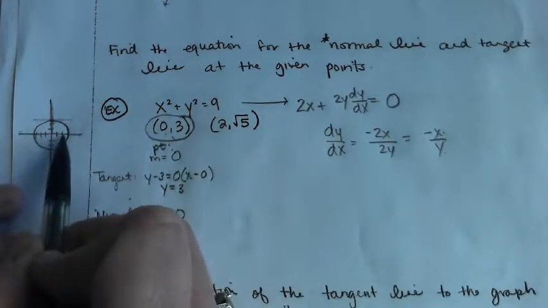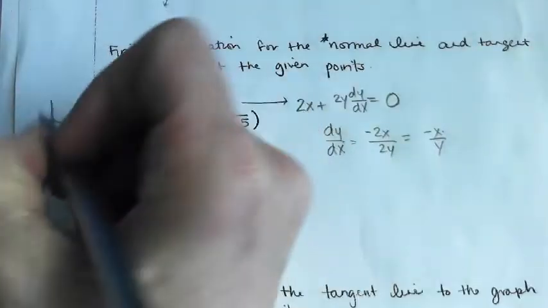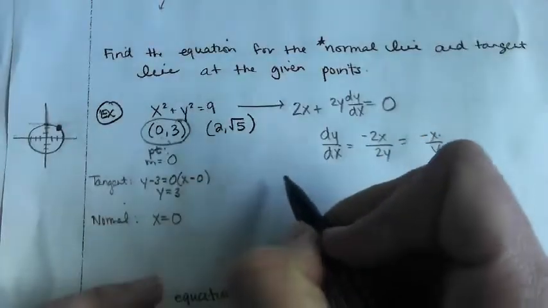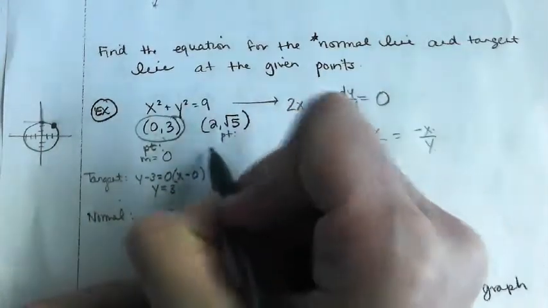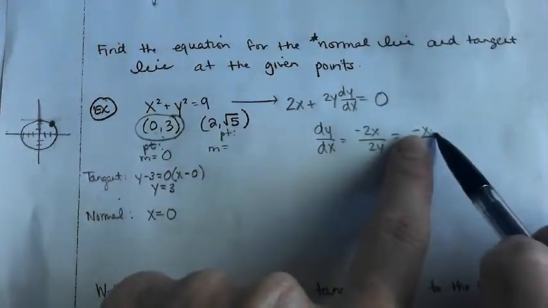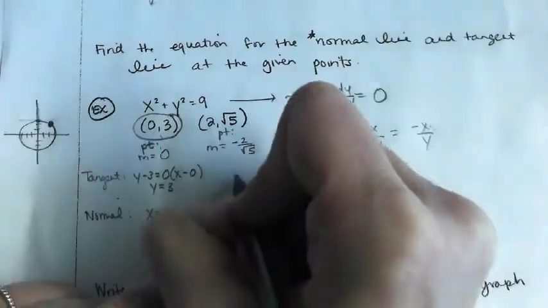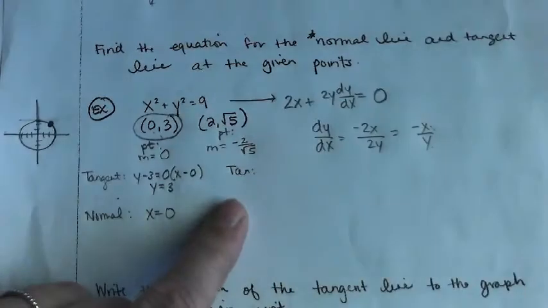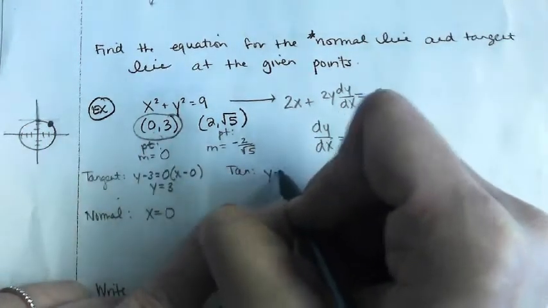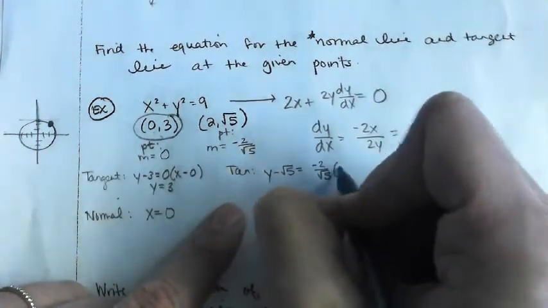So (2, root 5) is somewhere out here. So we have our point. Our slope for (2, root 5) is going to be negative 2 over root 5. So our tangent line there will be y minus root 5 equals negative 2 over root 5 times (x minus 2).